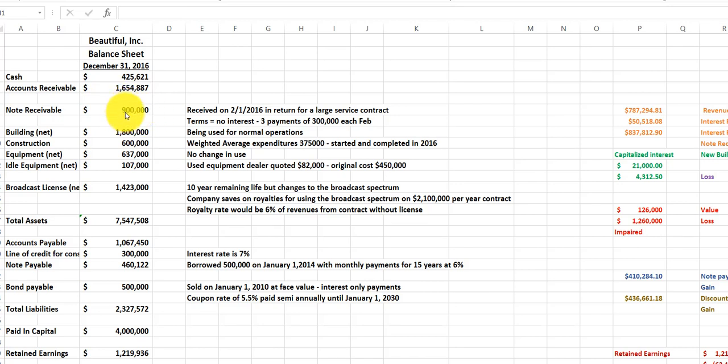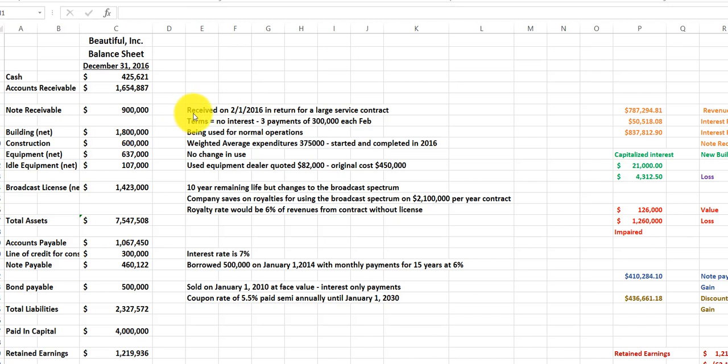But we get to a note receivable, and we talked about that in an earlier podcast. Notes receivable need to be recorded at fair value if there is an impairment or if there is no interest involved.